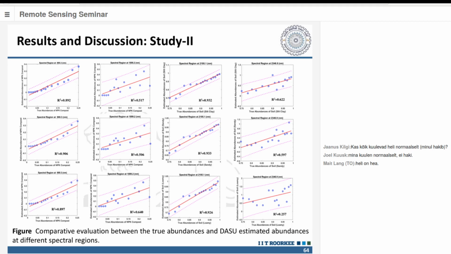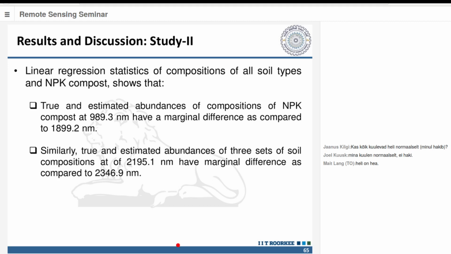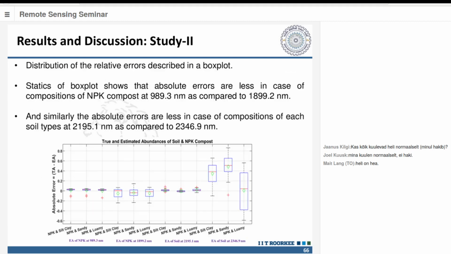This is the linear regression plot for estimated and true abundances, and we found the coefficient R square values, and based on these we concluded that two wavelength regions are suitable: 989.3 nanometer is suitable for NPK compost, and the 2195.1 nanometer wavelength region is suitable for the soil composition.